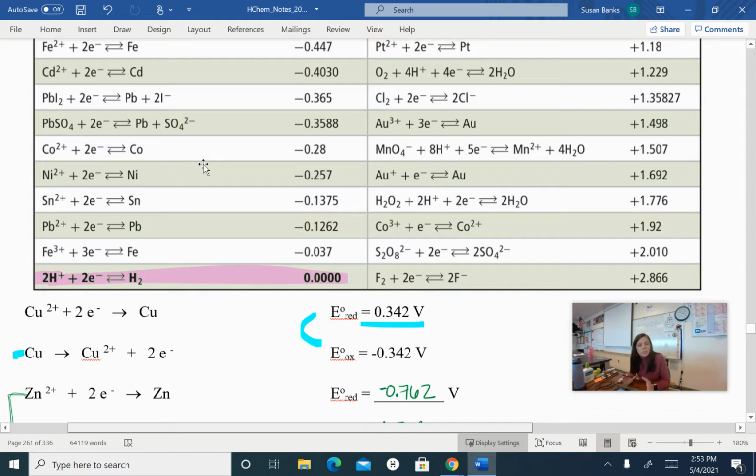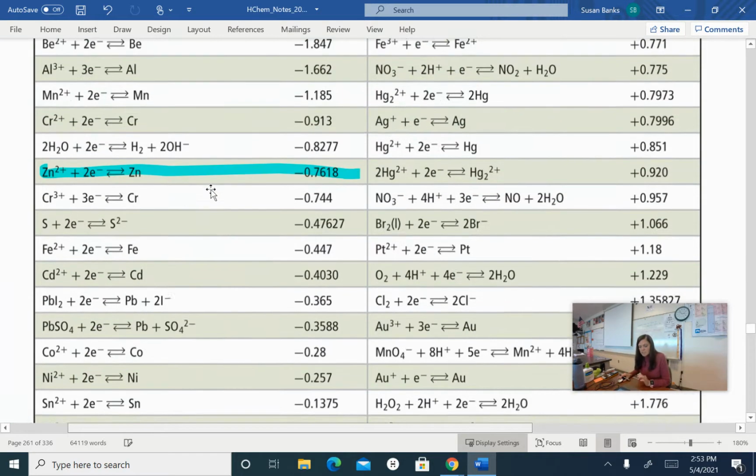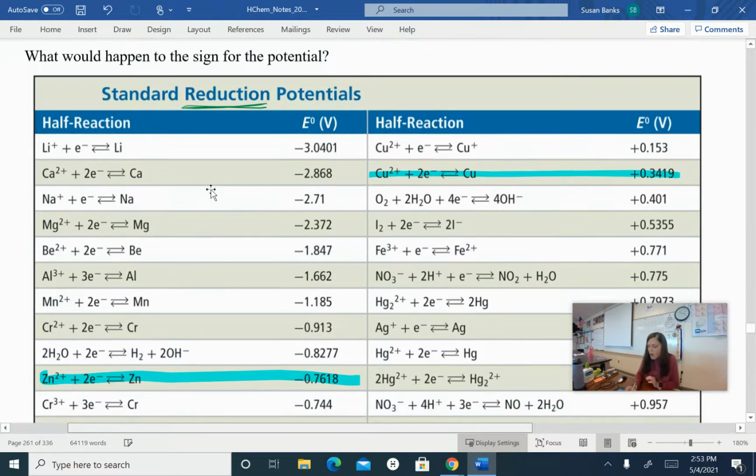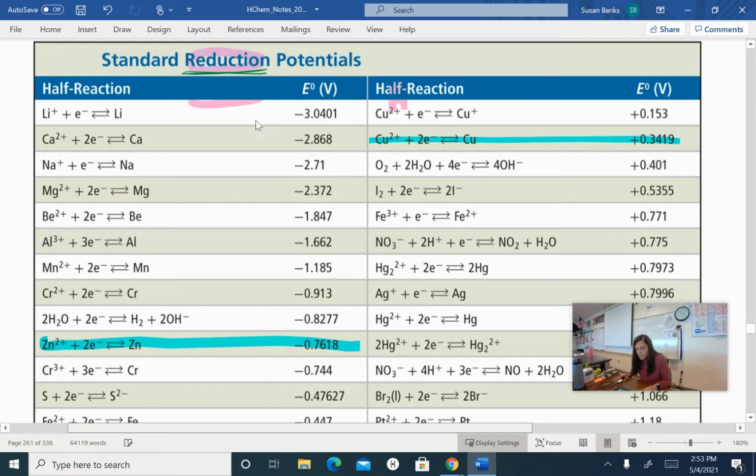Any of these elements could be 0, but they used hydrogen. So these standard reduction potentials are all based around hydrogen. Hydrogen is our 0.